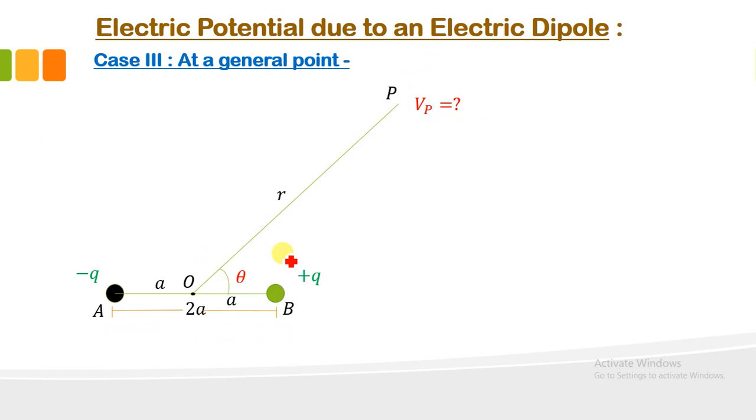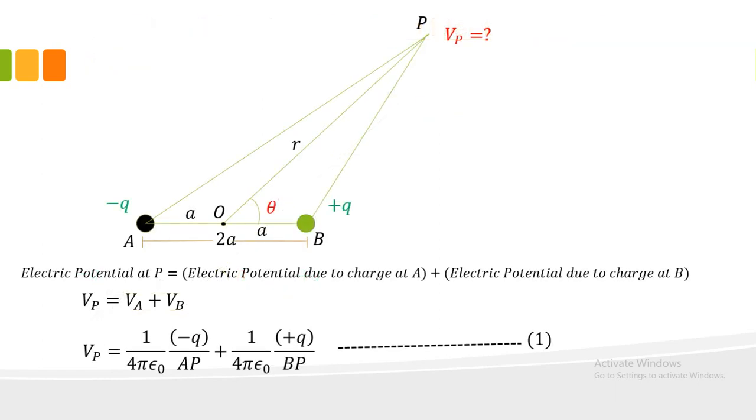In order to calculate electric potential at P, we need the distance AP and distance BP. Just join from A to P and from B to P. Because at P there are two potentials, one because of minus Q and another because of plus Q. Vp equals Va plus Vb, and the two potentials are 1 by 4 pi epsilon naught minus Q by AP and 1 by 4 pi epsilon naught plus Q by BP.